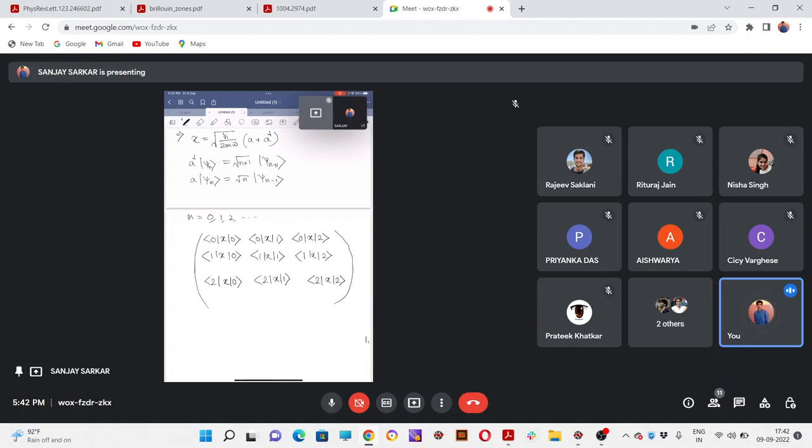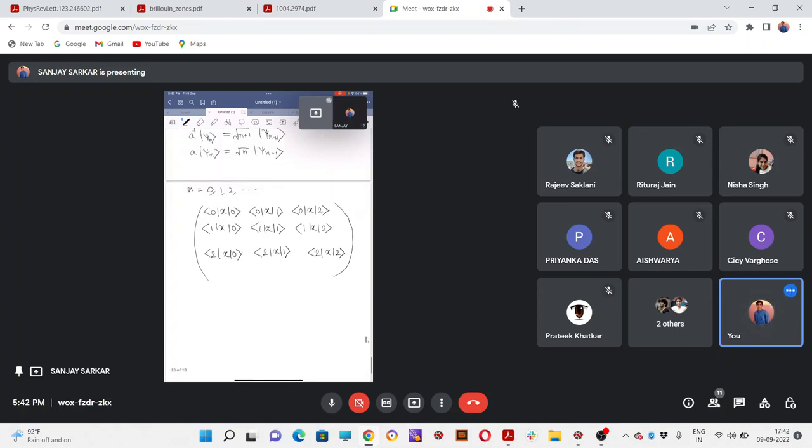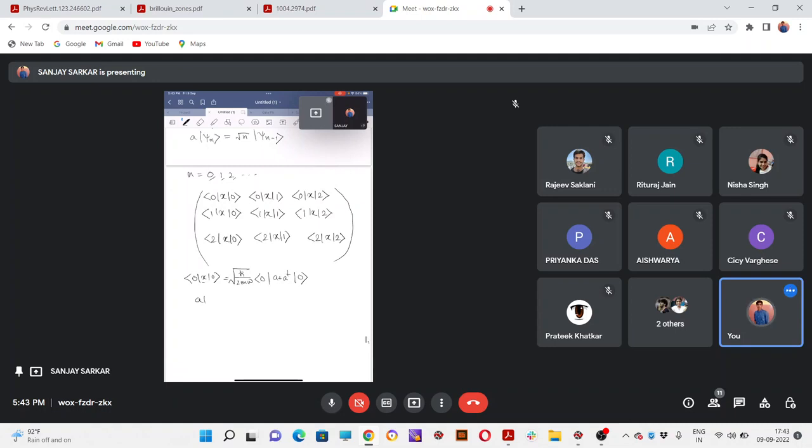Let's first calculate the diagonal elements. The first element, which is this, can be found this way: bra 0, and the value of x is a plus a dagger, ket 0. Now we already know that if a operates on 0, this will give us 0.